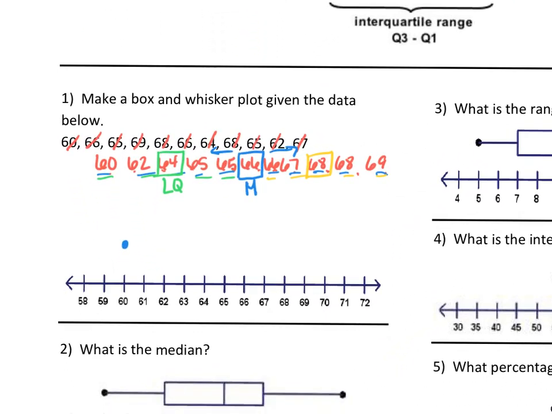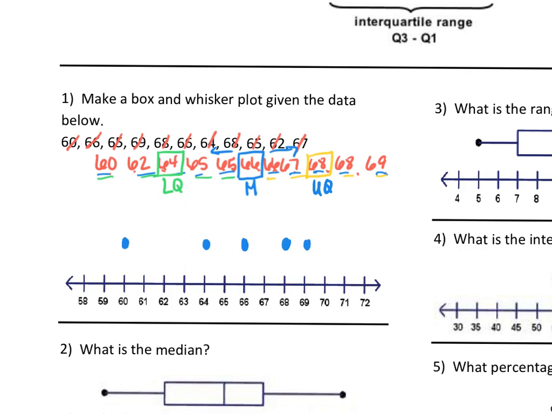We're going to put a dot on that. Okay, and then we're going to put a dot on our median, which is 66. And then we put a dot on the upper quartile, which is 68. And then we put a dot on the maximum value, which is 69.